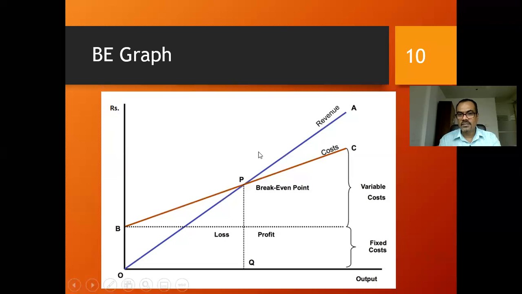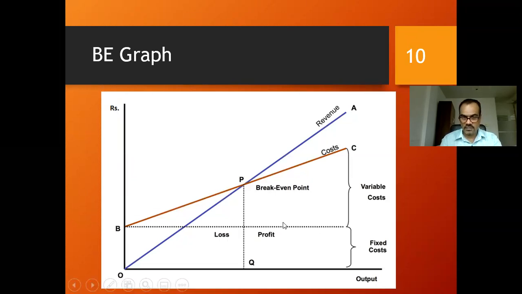Whenever you refer to this maroon color line, it refers to cost. Whenever you refer to the blue line, it represents the revenue. And this dotted line is the fixed cost.